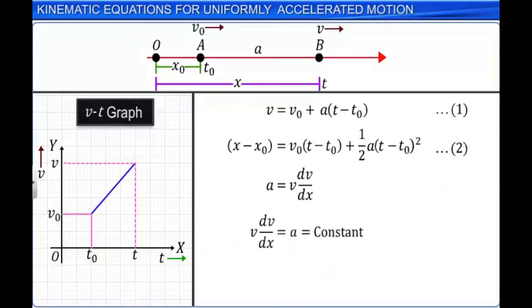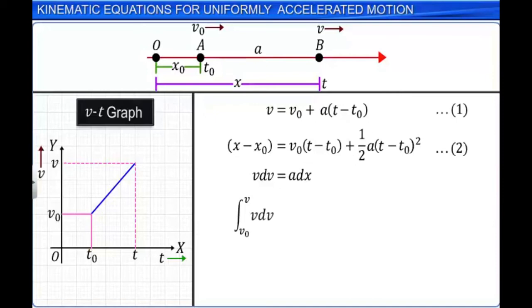Integrating both sides, we get integral v naught to v v into dv is equal to a into integral x naught to x dx. This is equal to half v square minus v naught square equals a into x minus x naught. Rearranging the equation, v square is equal to v naught square plus 2a into x minus x naught. This is equation 3 of motion.